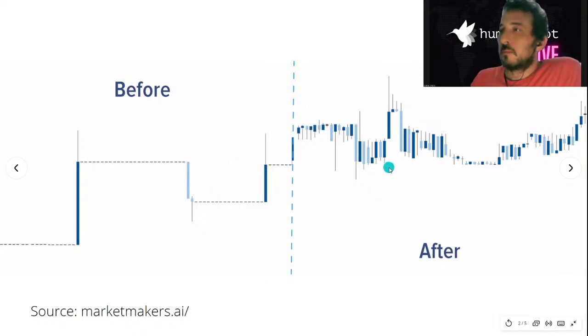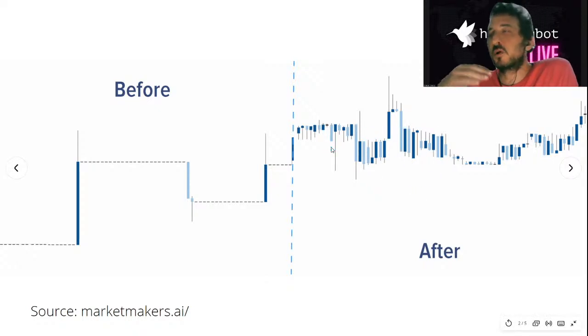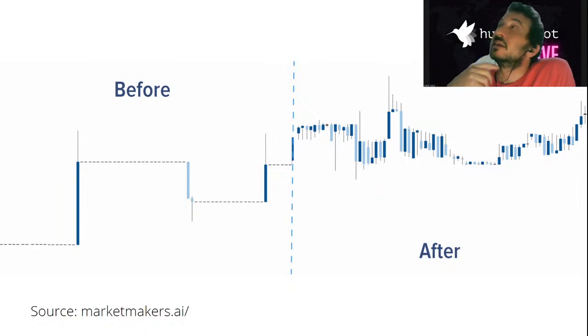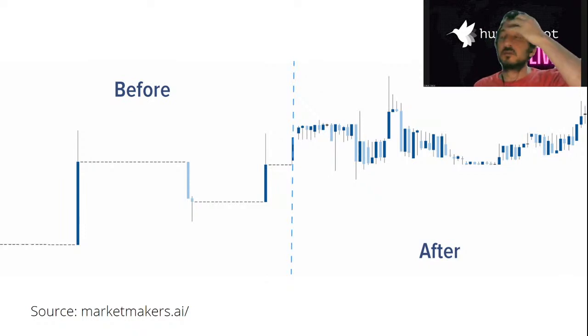If you go to a market with high liquidity, you see that the price moves in a smoother way, I wouldn't say predictable, but in a range that makes it easier for a trader or anyone looking to buy or sell on that market.